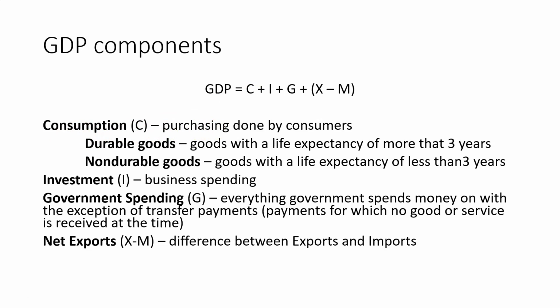When we look at consumption, we usually break it up into two categories: durable goods and non-durable goods. Durable goods are goods that have a life expectancy of more than 3 years. So you think of your car, your home, maybe your computer. Those things that you're going to buy, and you don't buy them very frequently.